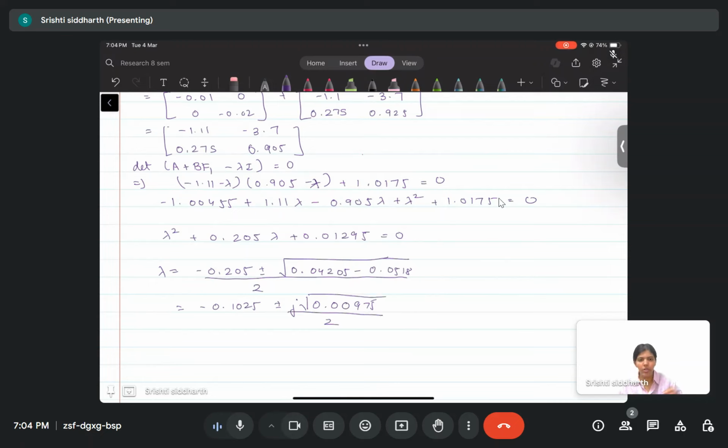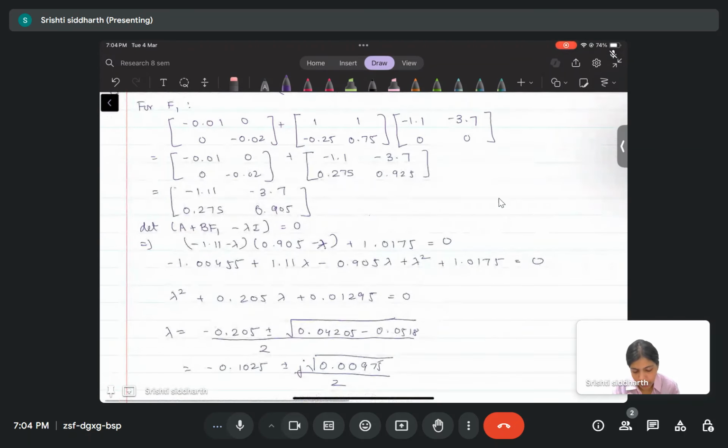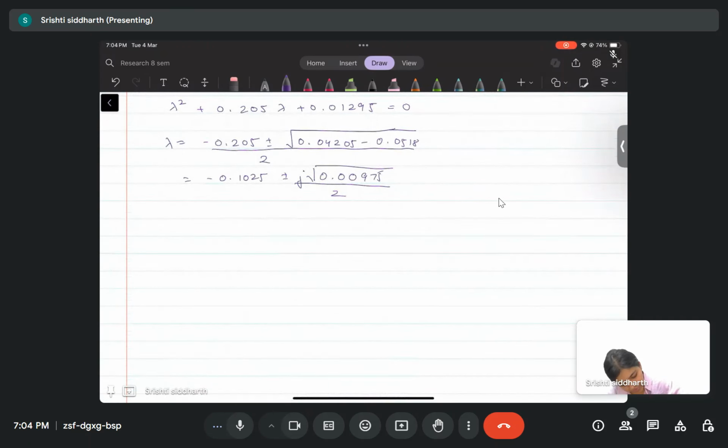So you can check what this comes out to be. Alright, so similarly we have for F2 and F3 as well. We have to figure out what is A plus B F2. Check the eigenvalues.